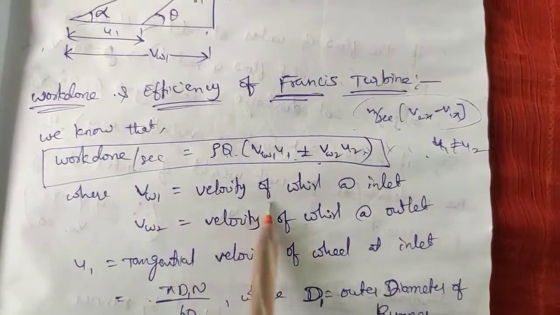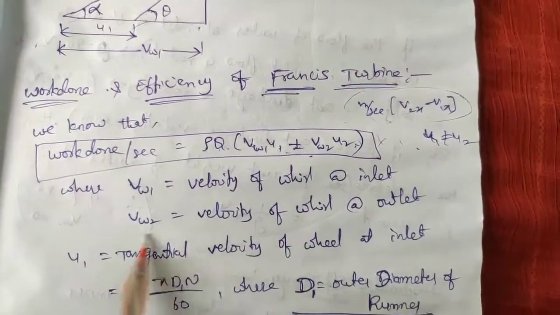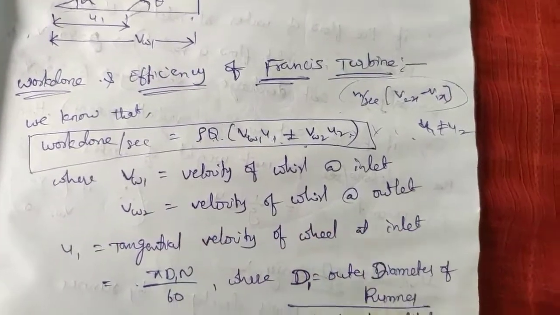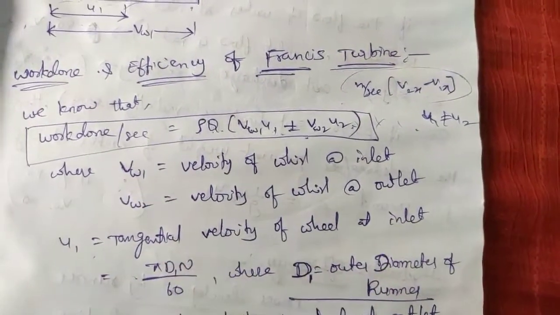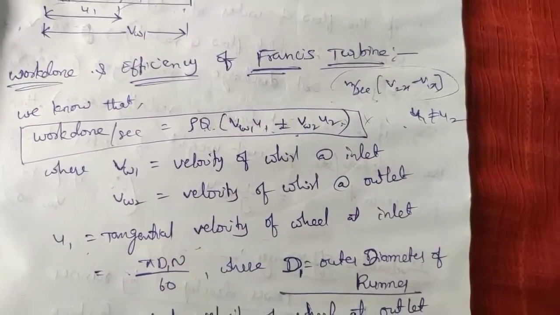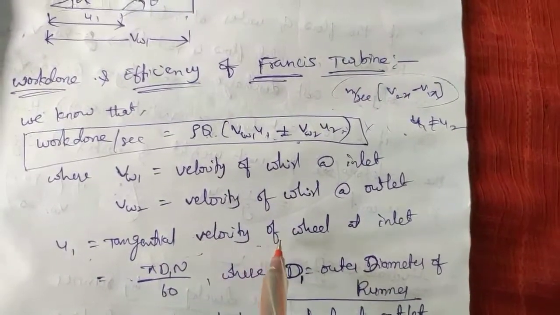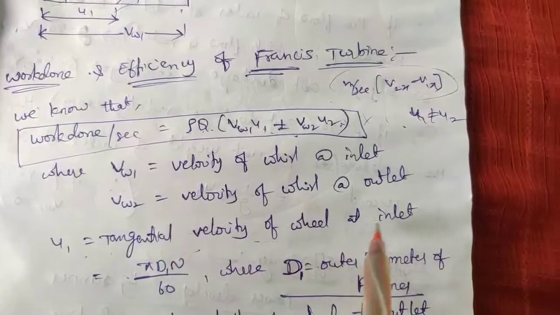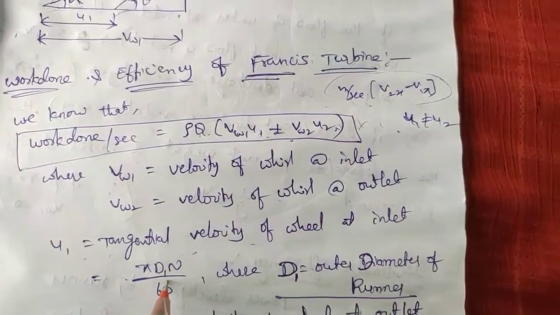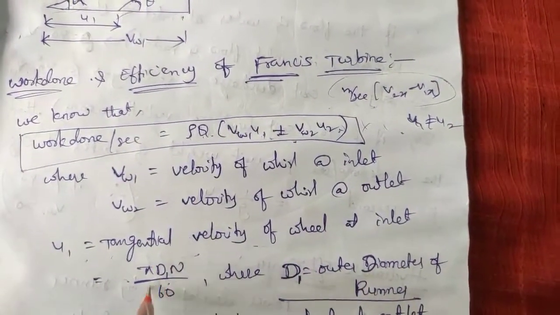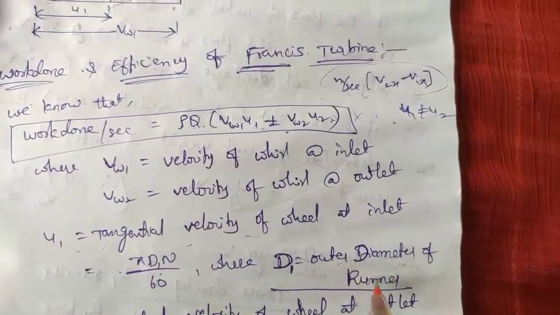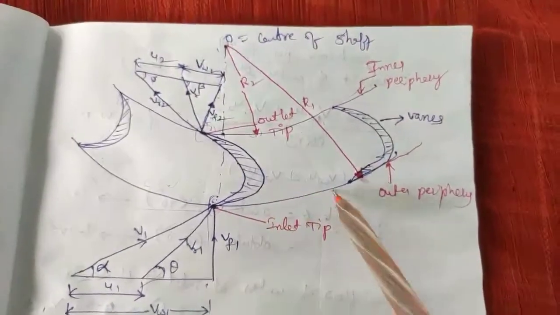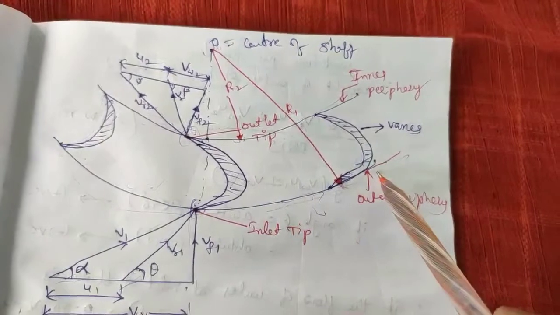Where VW1 is velocity of whirl at inlet, VW2 velocity of whirl at outlet, U1 tangential velocity or peripheral velocity or circumferential velocity. All terms are the same. So tangential velocity of wheel at inlet is pi D1 N by 60, where D1 is the outer diameter of runner.